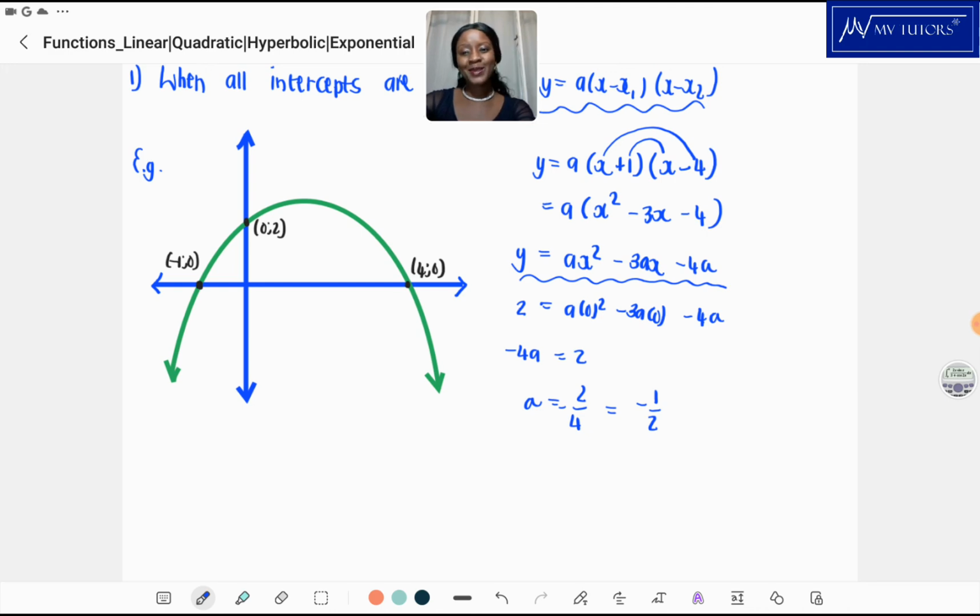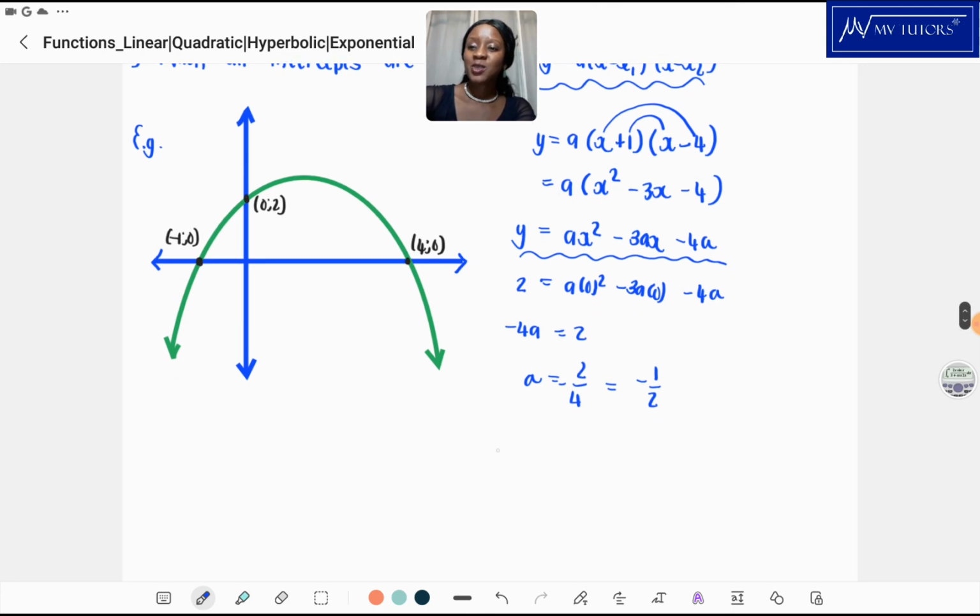All we have to do is substitute the value of a, and then we're going to get the equation of this parabola. So y is equal to negative a half x squared minus 3 times negative a half x minus 4 times negative a half.